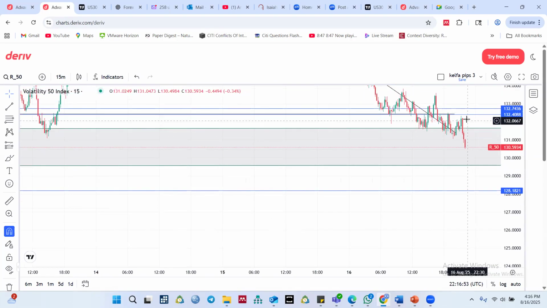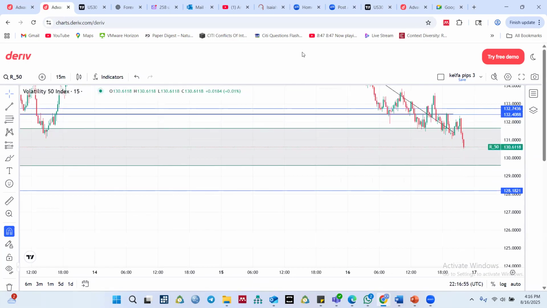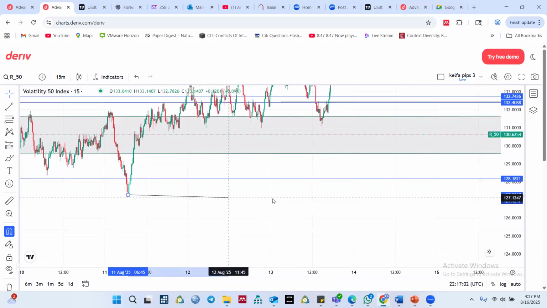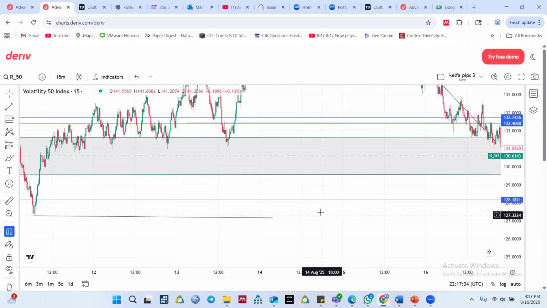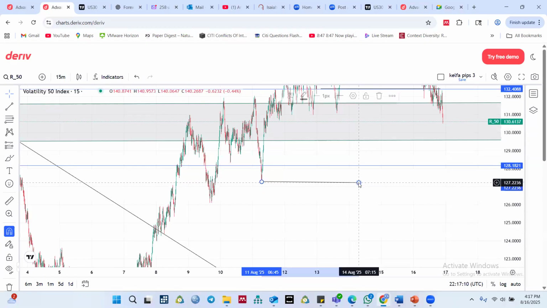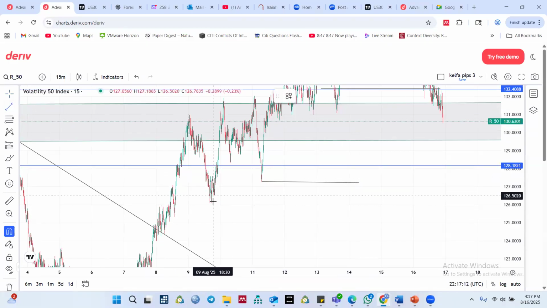Some will, because of this engulfing, sell and just target this low here, because it's sweeping all these lows.